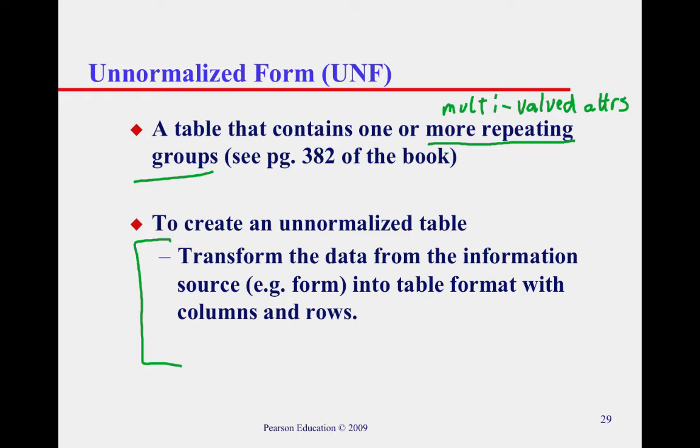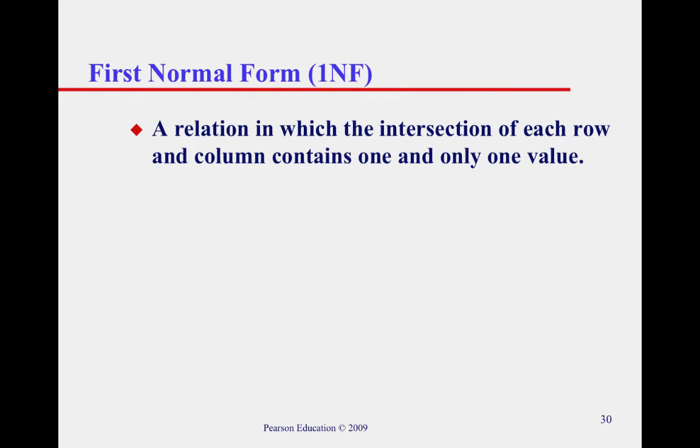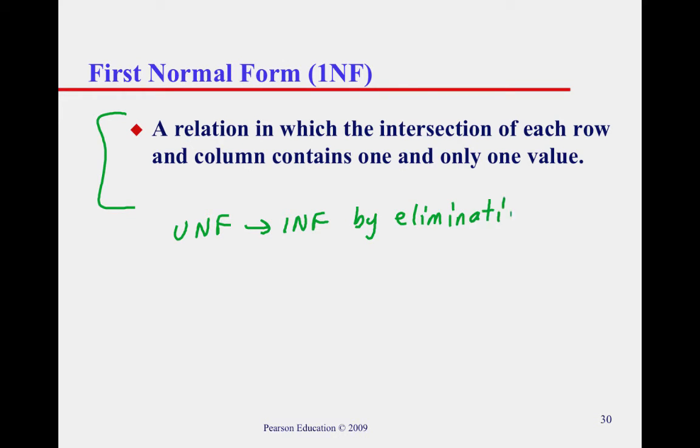You take the information off of the forms, and each thing like name, salary, address, social security number becomes a column. And the rows are whatever data is contained on a single one of those forms. So to get to first normal form, you eliminate multi-valued attributes. This is a nice way of saying that you go from unnormalized form to first normal form by eliminating multi-valued attributes.